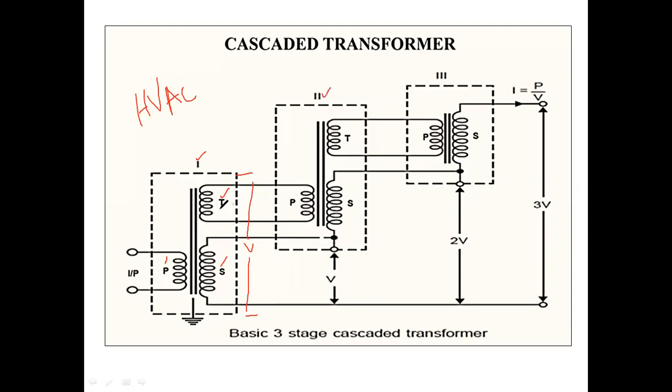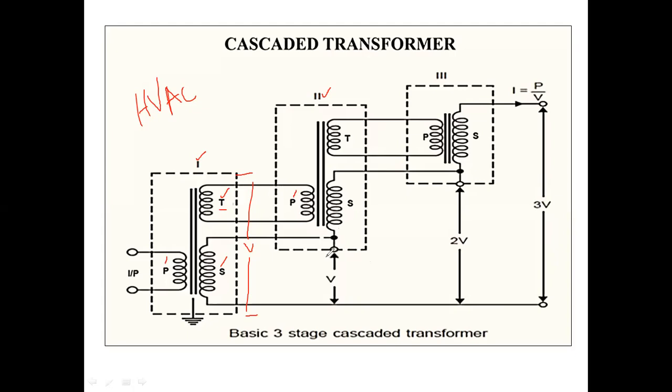The tertiary winding of the transformer T1 acts as the primary winding for the second transformer. So this is the primary winding, and it is connected to the tertiary winding of the first transformer. We will maintain the V voltage over here as well.